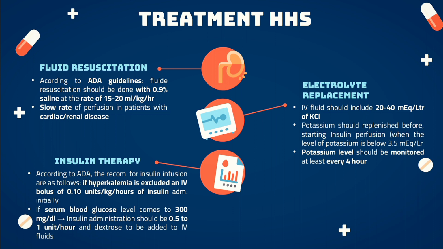For fluid resuscitation, as per the American Diabetes Association guidelines, we need to infuse the person with 0.9% saline, and the rate of infusion will be 15 to 20 milliliter per kg per hour. We need to be very careful, if the person is having any cardiac or renal disease, the rate of infusion will be slow. Let's see about the electrolyte replacement.